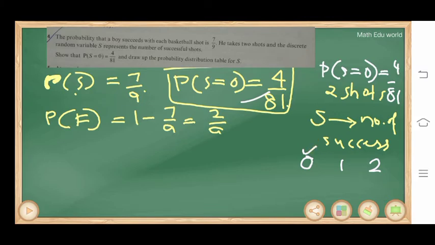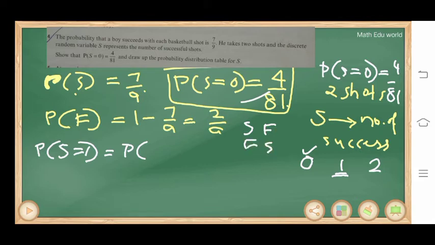Now let's think about S equal to 1. P of S equal to 1 means one shot is successful. Now the question is which shot is successful, either the first shot or the second shot. So first shot is successful and second is failure, or first is failure and second is successful.